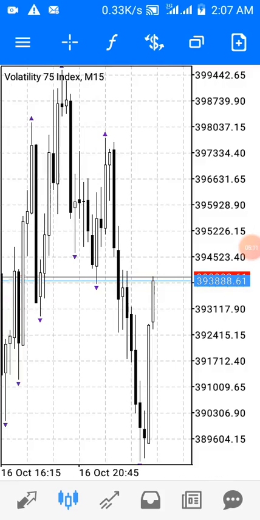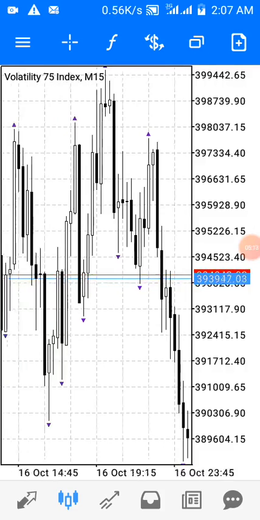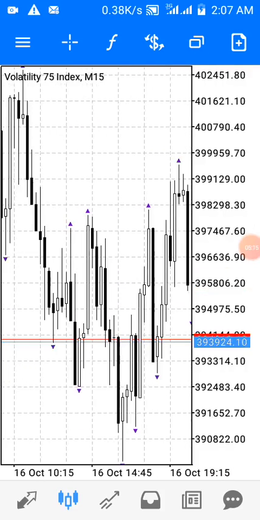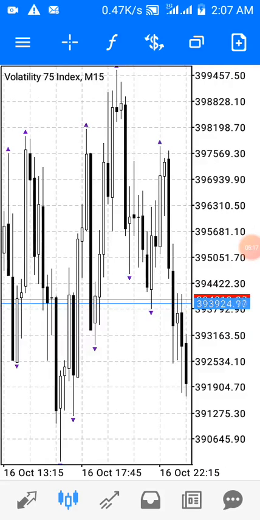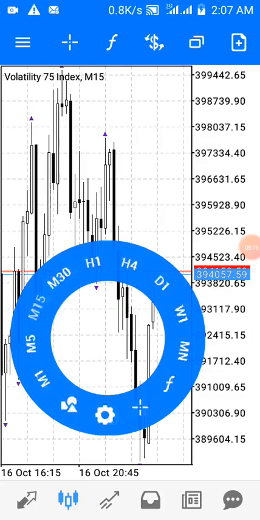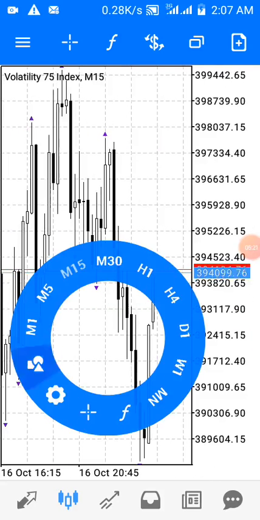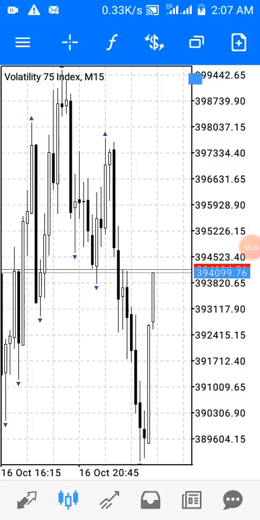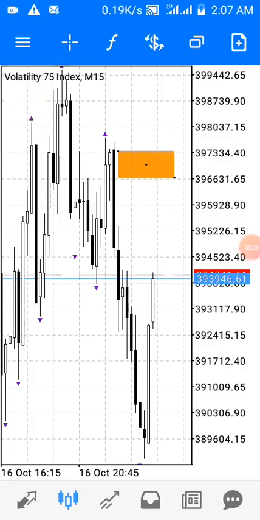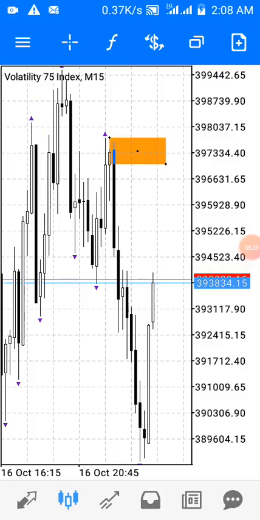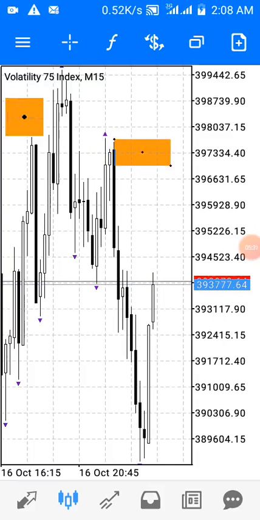So on the screen, this 15 minutes time frame, if I'm going to identify my resistance here, this is a resistance area. You can see the fractals around here. So this is my resistance area.